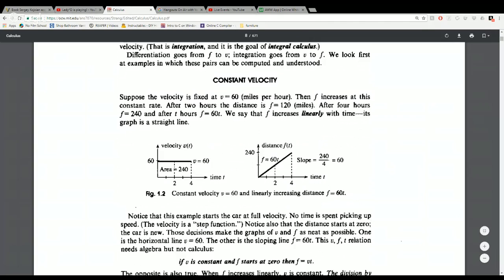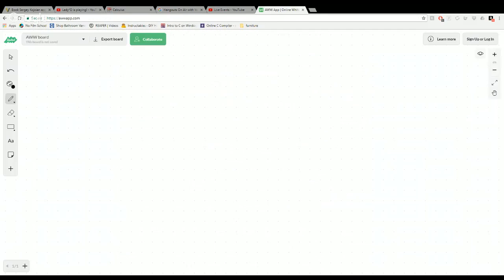So if my speed is 60 kilometers per hour, this is the rate at which my distance increases. After 1 hour, how far have I traveled? 60. After 2 hours, 120. After 3 hours, 180, and so on. So for every hour, we add 60 kilometers. After 4 hours, you do 4 times 60, that's 240. Okay, can we catch a relationship here? So let's try to write this down.